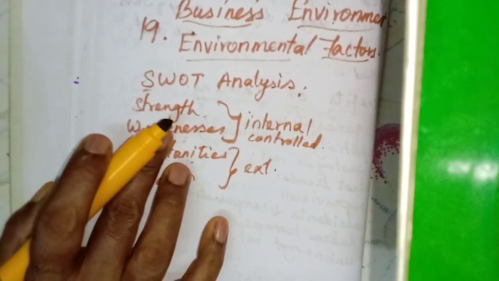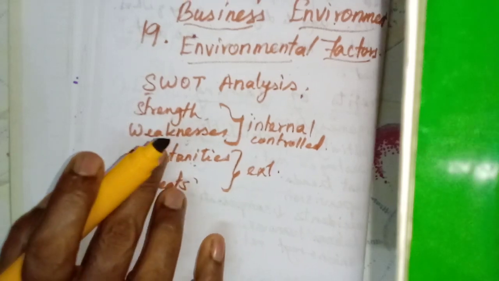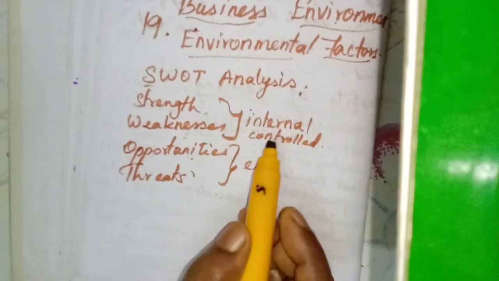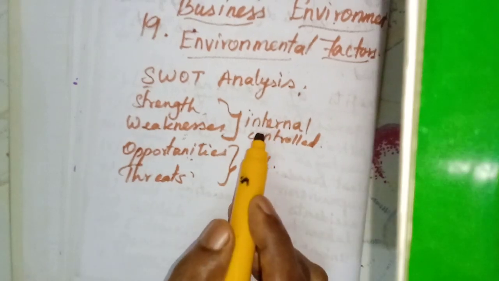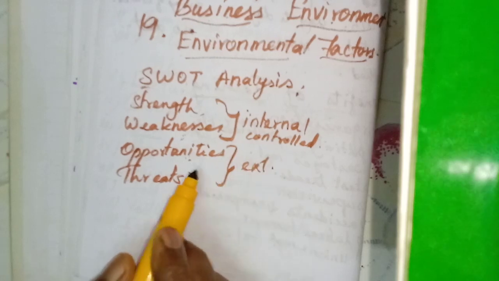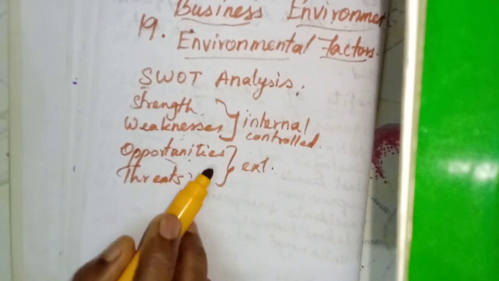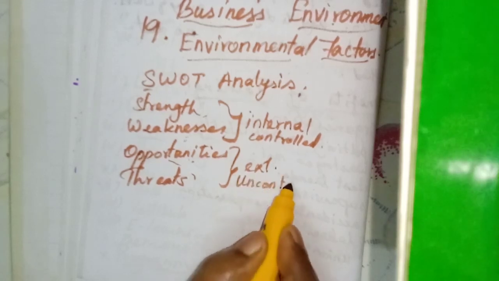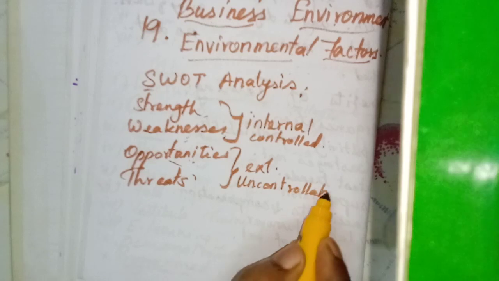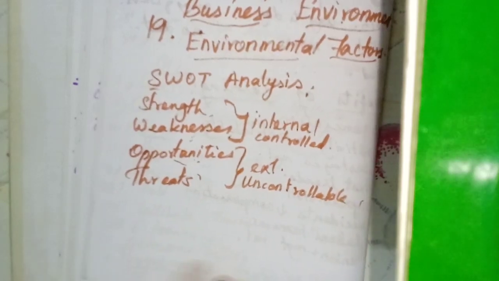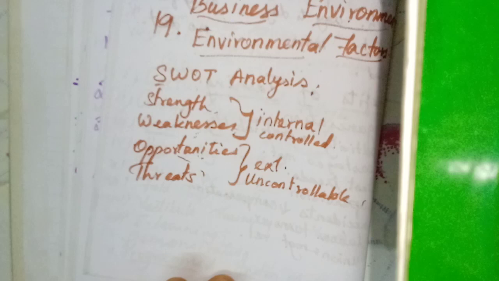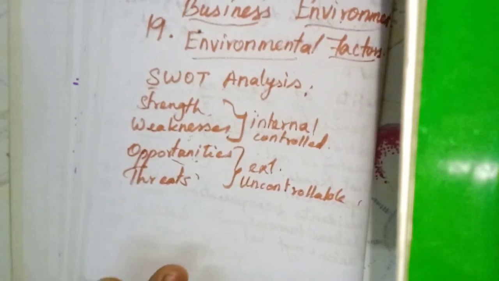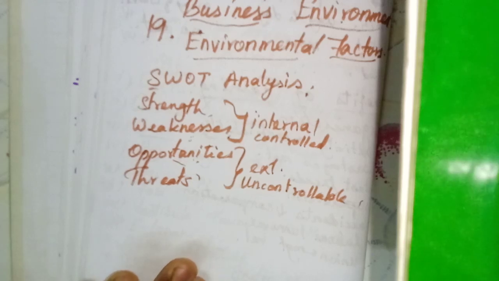They can be analyzed and removed from the people who have the weaknesses. So they are under the control of the management or the business organization. But opportunities and threats sometimes come from outside, so we can say they are uncontrollable factors.